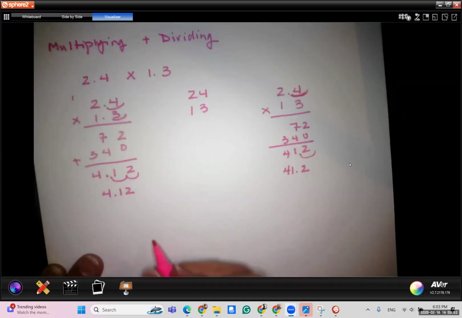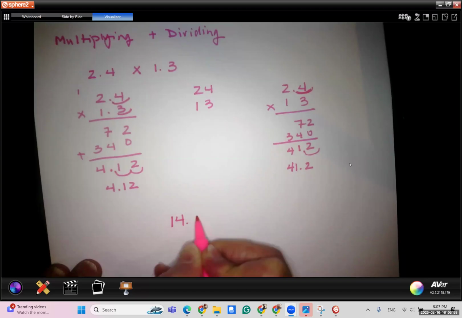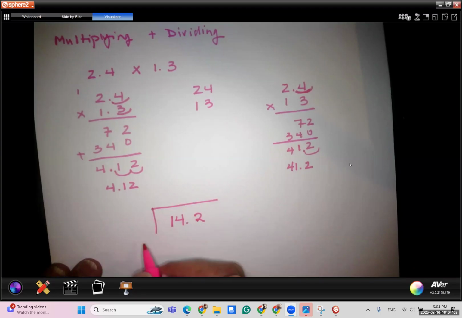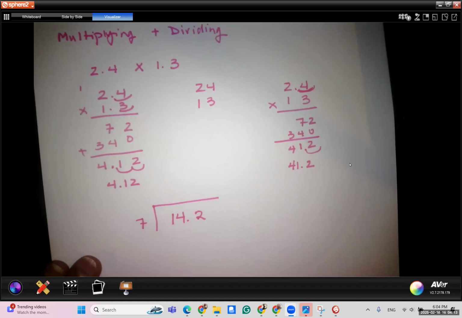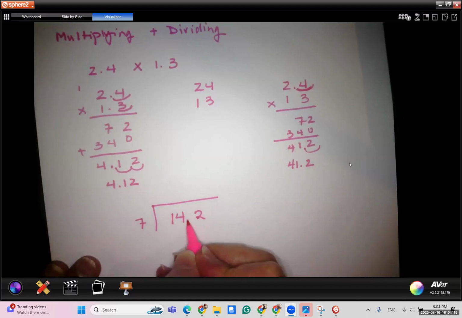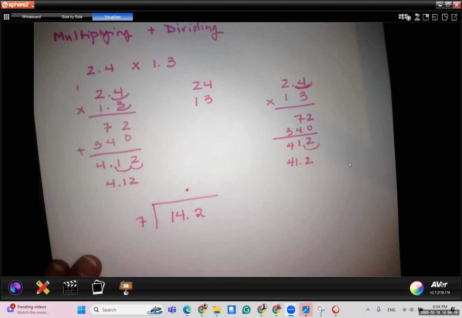Then we have the division of decimals. So let's talk about, for example, let's say you have 14.7 divided by, let's say 7. Okay, I'll make it simple for now. Okay, super simple. You just look at the decimal and you move up, put the decimal there, and you're done basically.